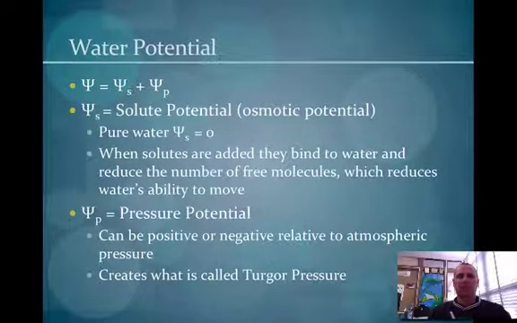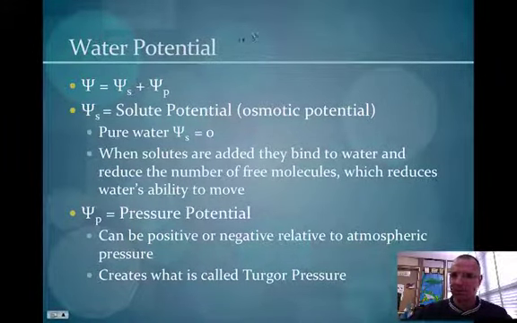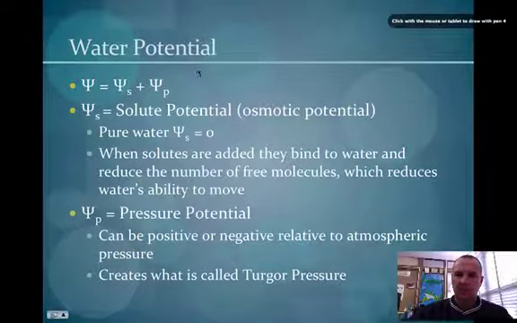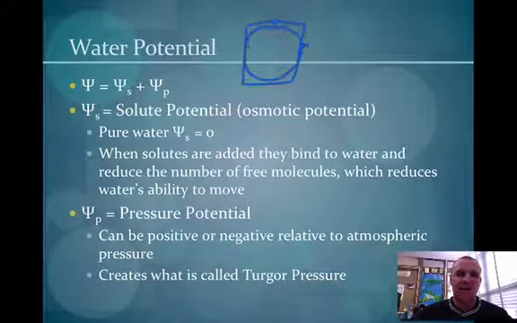Now, inside of a plant, a plant wilts because, let me draw you a plant cell. If I have a plant cell here, and it has a central vacuole that is full of water, it's actually pressing against the sides of the cell wall, and it creates what we call turgor pressure.